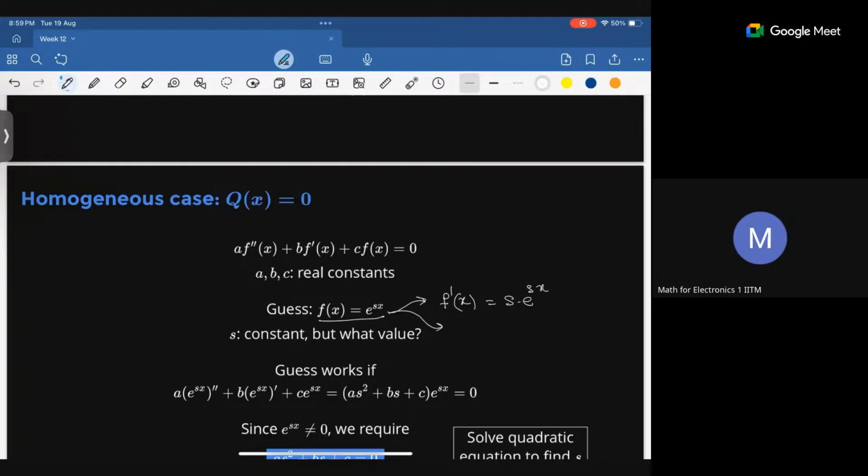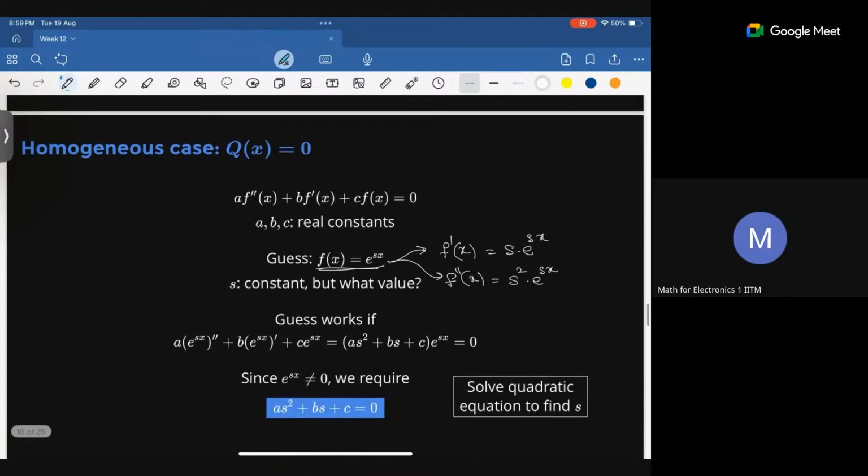We can also find f double prime of x, which will be s into s e power sx, which is s square e power sx. Right, so once we have these three things, f of x, f prime of x, and f double prime of x, we'll substitute them. Where s is also some constant for now. We will find it, but we'll assume that s is some constant.